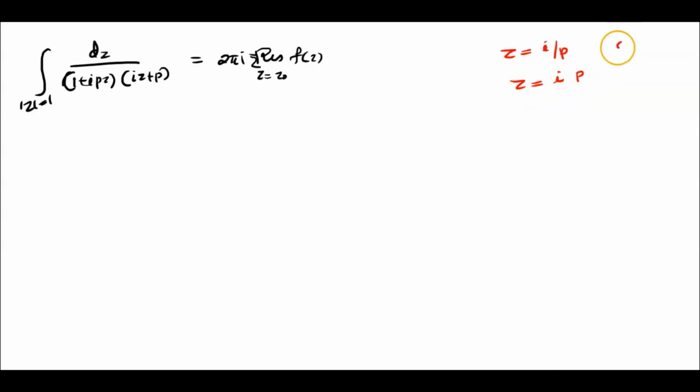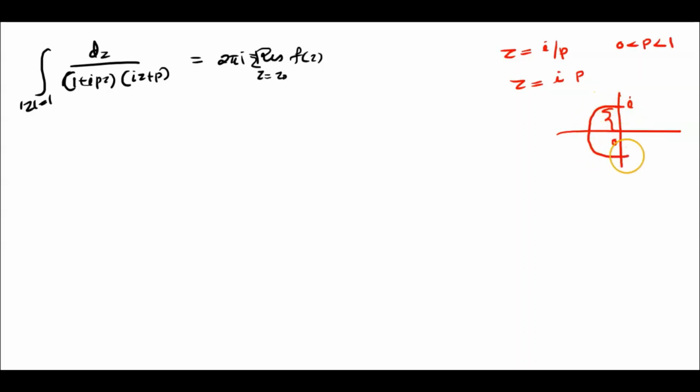And in the question we are given 0 less than p less than 1. So ip is clearly a pure imaginary number. P is between 0 and 1, and i into p lies between 0 and i.